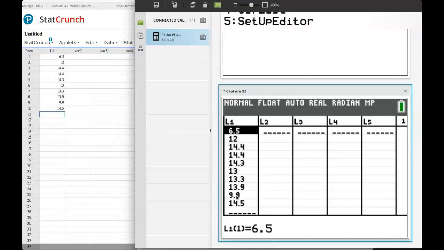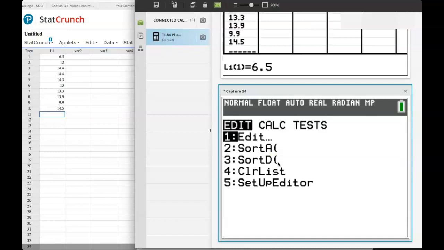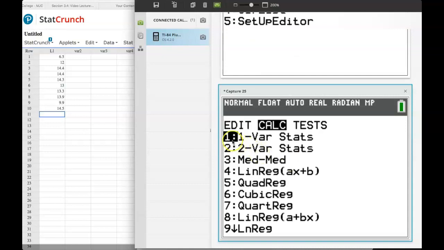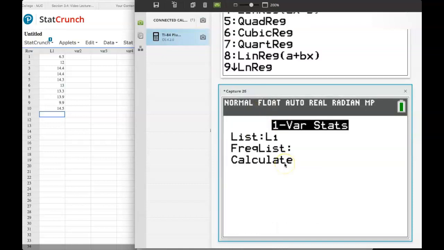After that, press that, choosing Calculate. We should have the first one, 1-Var Stats, enter. Then after this, again enter, enter, enter, so 3 times.